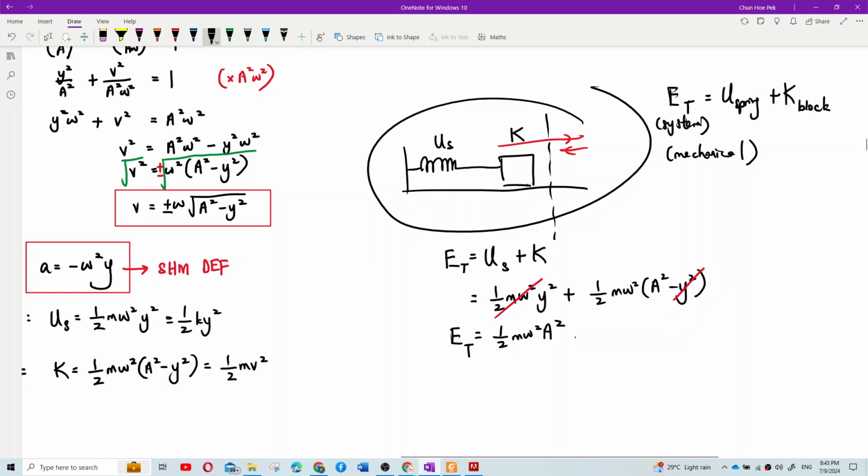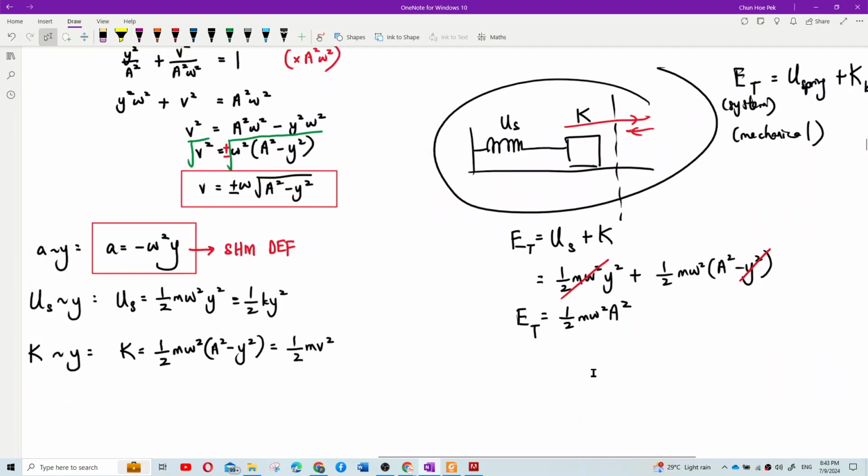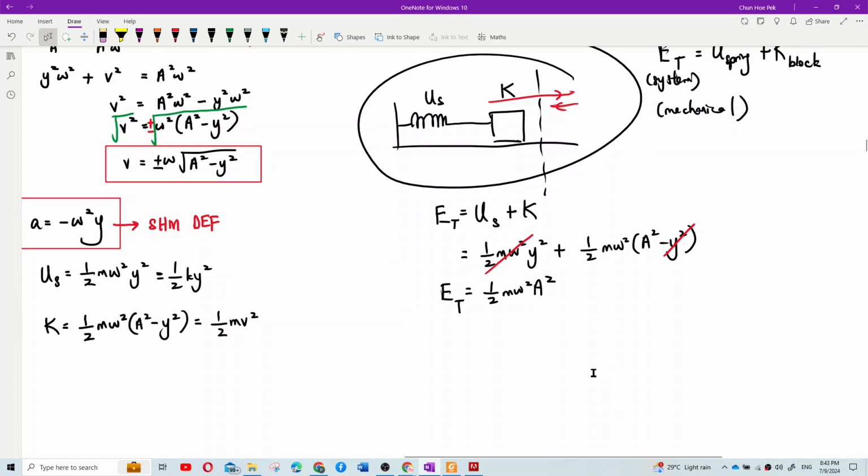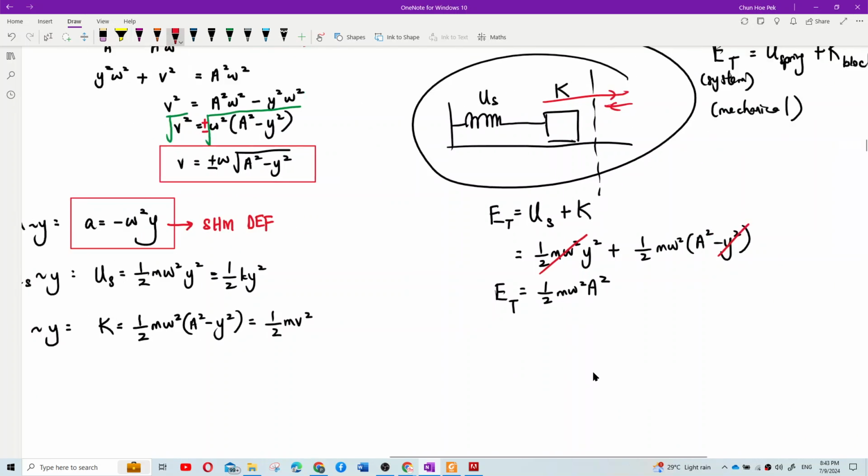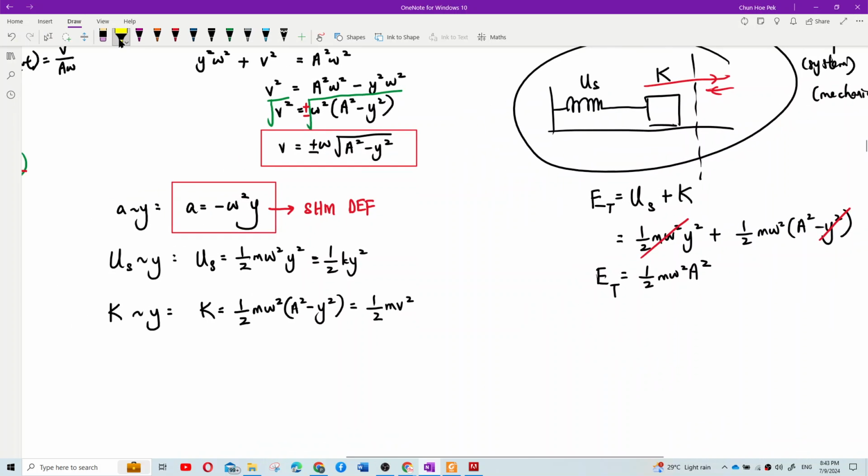And you see here, class, if we look again at the potential energy formula and the kinetic energy formula, this Y here is always changing, because displacement is changing over time.